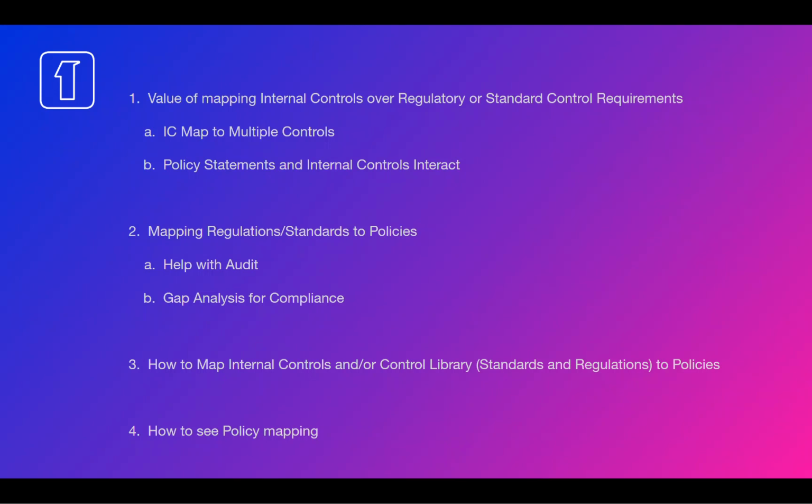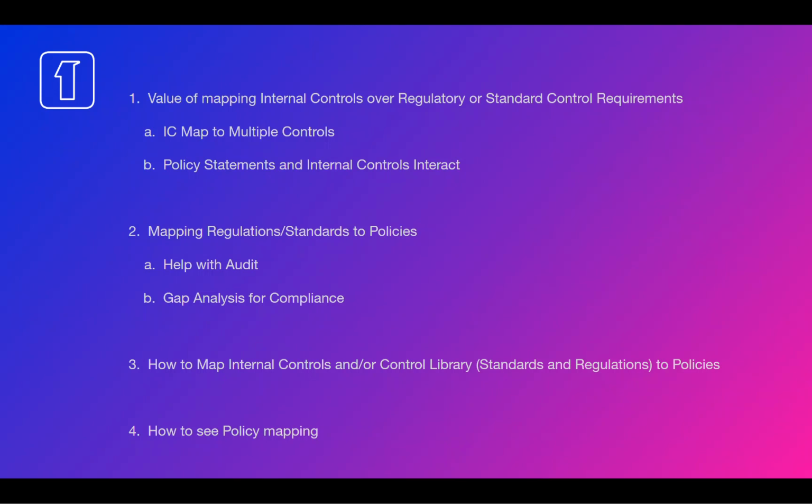From an internal control perspective, the real advantage is that in the C1 Risk platform, you can map your internal controls to control requirements, so to those requirements and standards, as well as your policies. When you map those internal controls to your policies, the regulation or standard that the internal control is mapped to will also automatically pull in and connect to the policy.